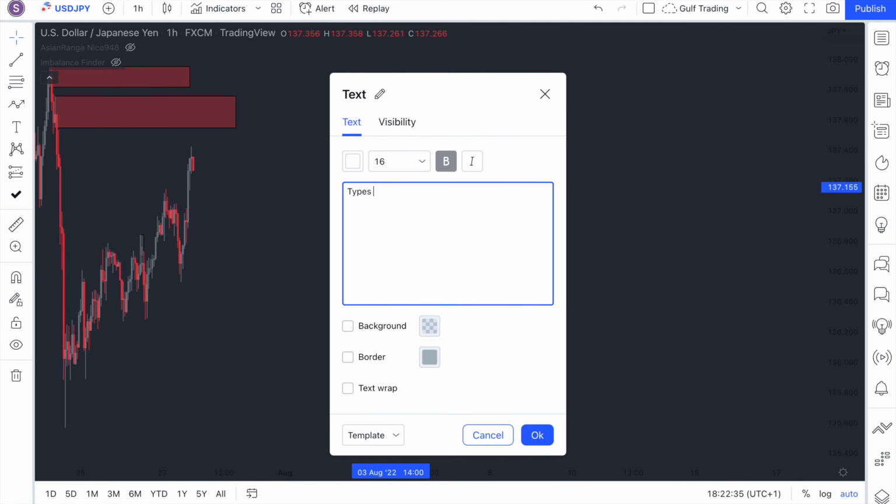So I'll just summarize here the types of liquidity that you can have. The first type we talked about was swing highs and swing lows. And then the second type was trendline liquidity.